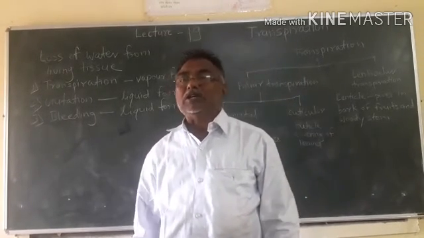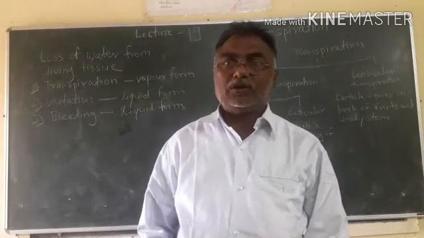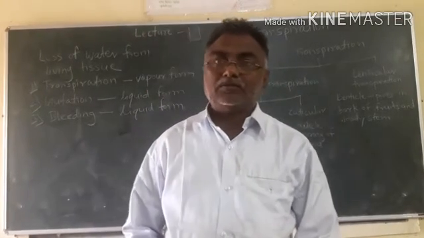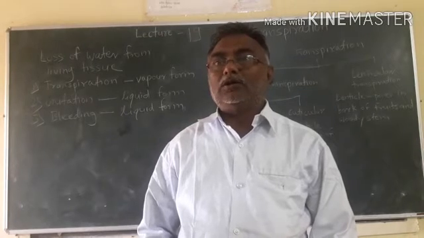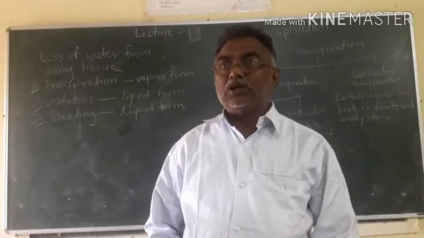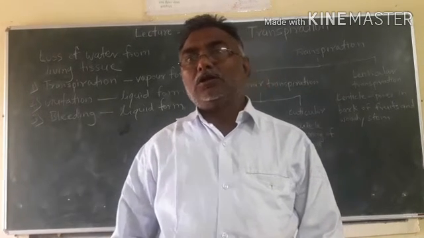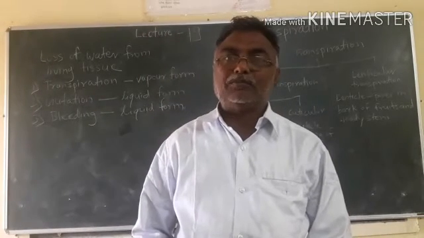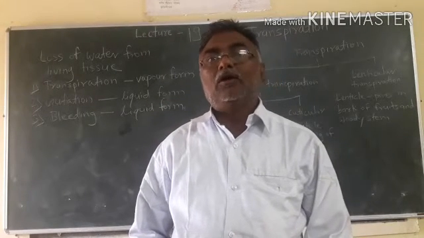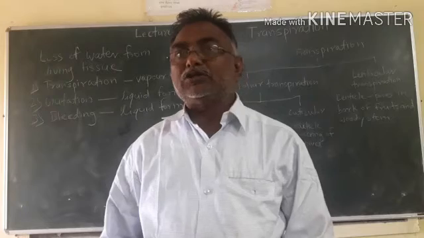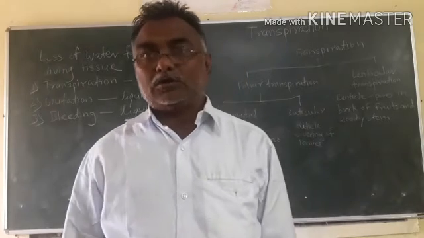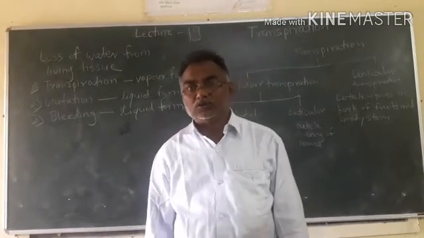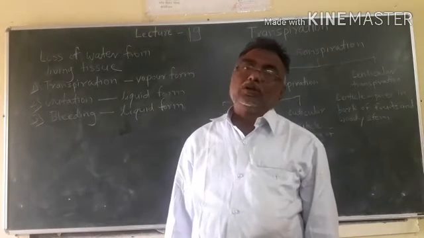So water is essential for the growth of plants, and water is essential to carry out all the vital and functional activities in the plant body. All metabolic activities need water, and water is absorbed by the roots.